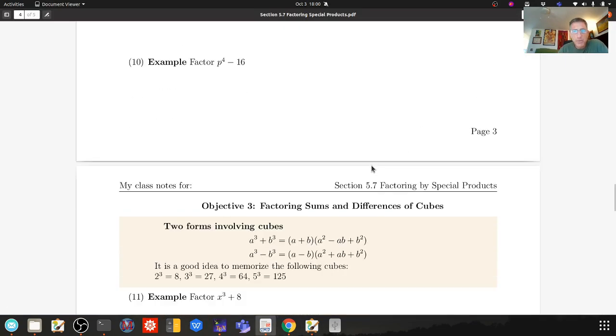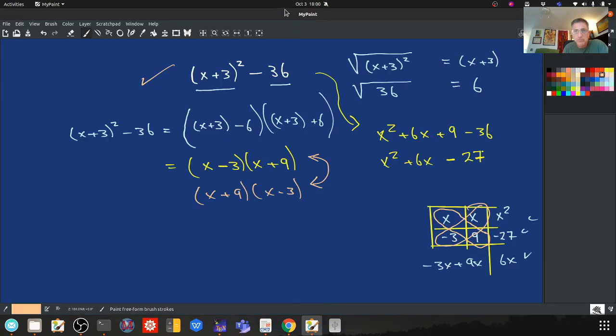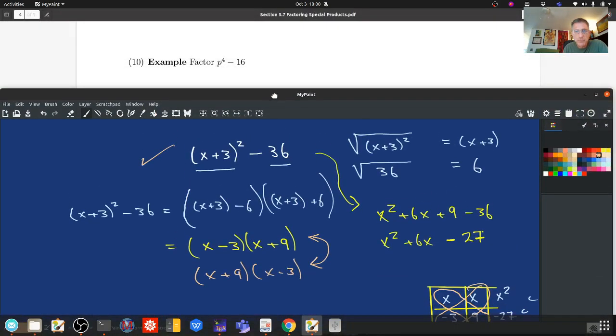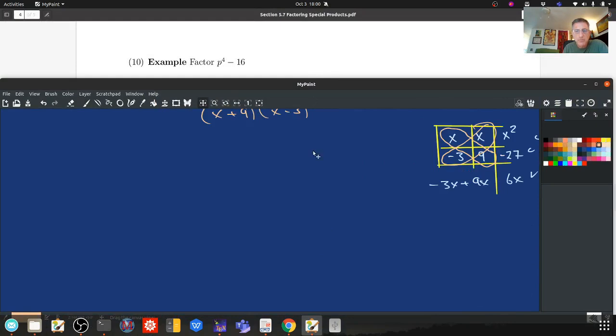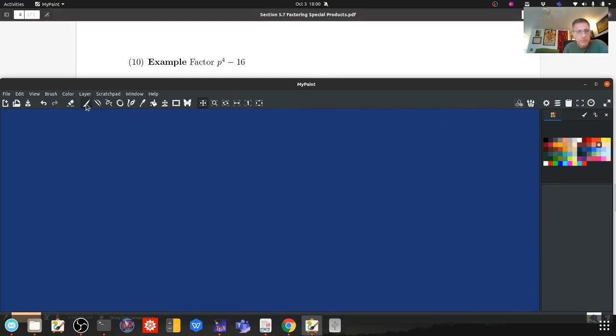And p to the fourth minus 16. This is a good one as well. So p to the fourth minus 16. So we come over here, and what's the square root of p to the fourth?